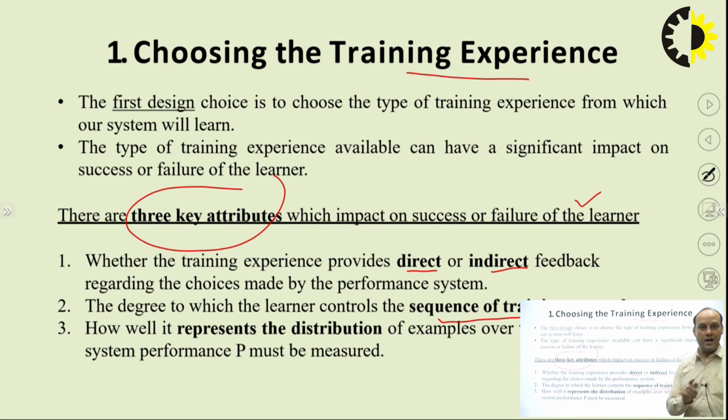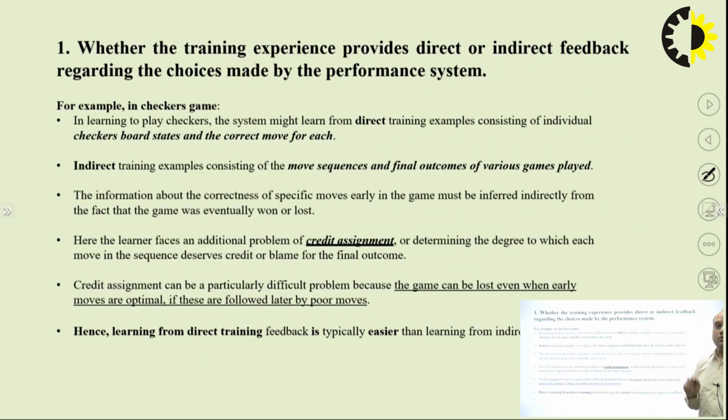The third key attribute is how well we represent the distribution of examples over which the final system performance P must be measured. Here again comes this important factor from the definition of machine learning, system performance P. Okay, so number one, our first key factor is direct or indirect feedback.